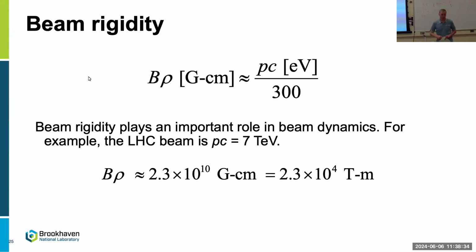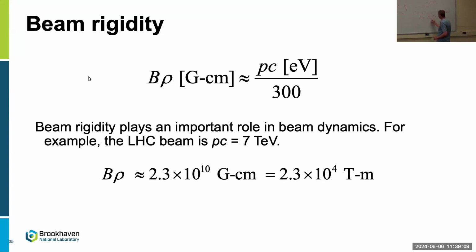So let's calculate what is this magnetic field that we are talking about. How do we use this expression? B rho equals 2.3 times 10 to the 4 Tesla meters. Well, we use it like this. Let's calculate the average radius of the bend in the LHC, and that's 19 times 10 to the 3 meters divided by 2 pi.